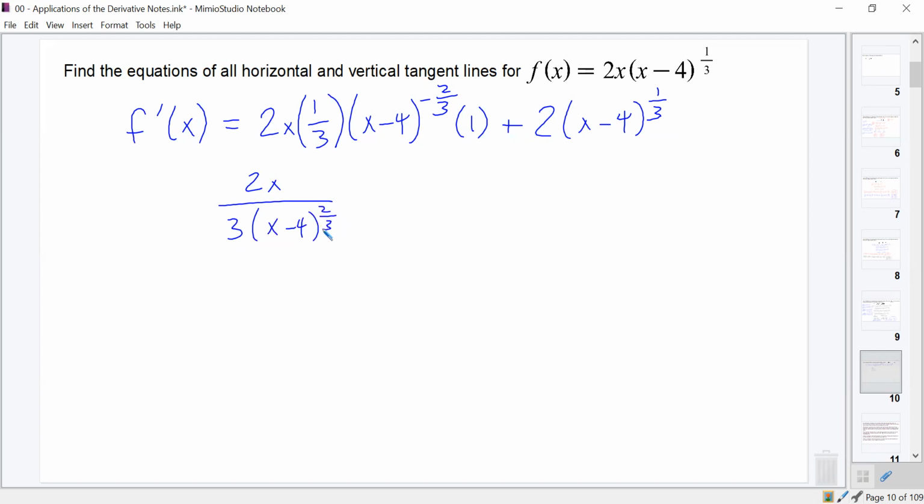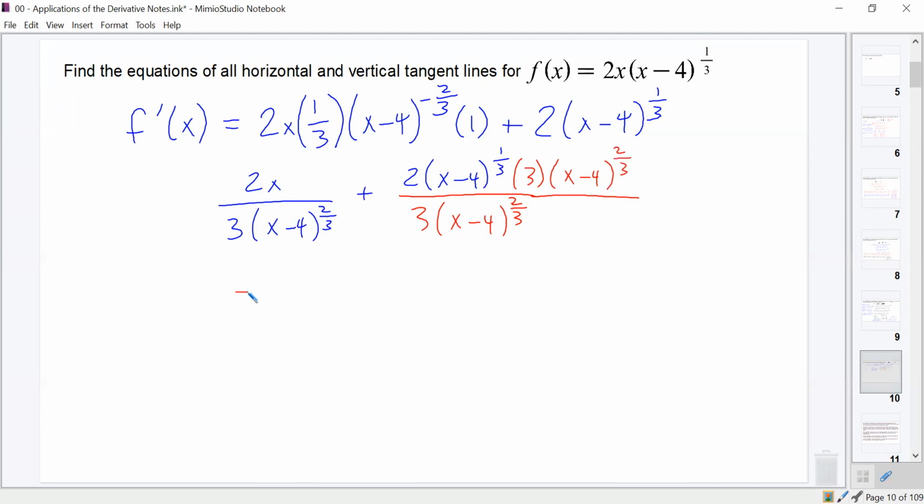And then we will get ourselves a common denominator. And that common denominator is just going to be 3 times (x minus 4) to the 2/3, which means we need to multiply the numerator over here also by 3 times (x minus 4) to the 2/3.